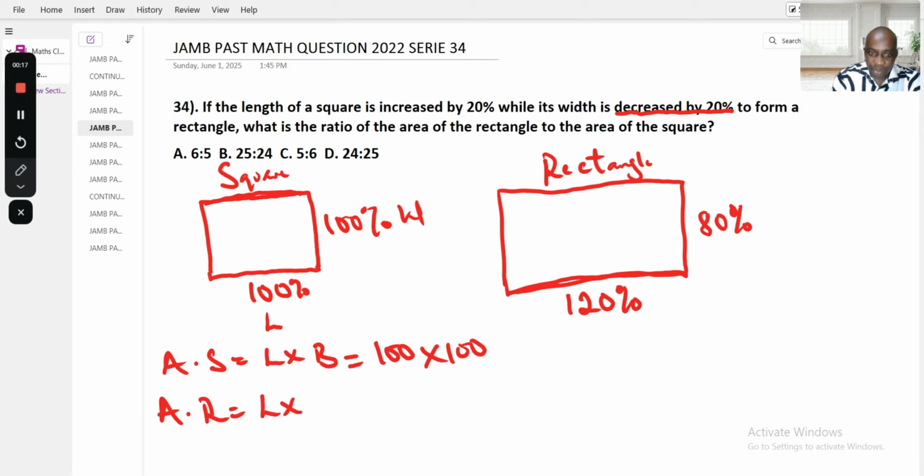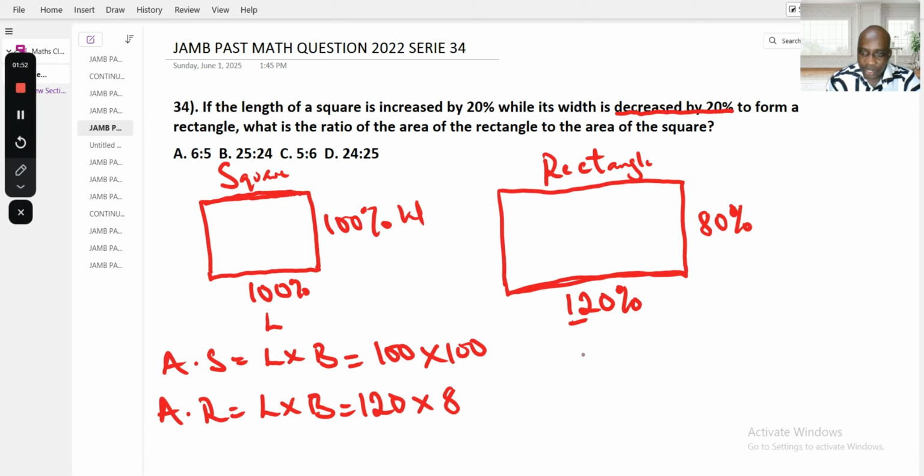Now what is the area of the rectangle? Area of rectangle is length times breadth. Same thing. What is the length of the rectangle? 120. What is the breadth? 80. Now the question says the ratio of the area of the rectangle to the area of the square.